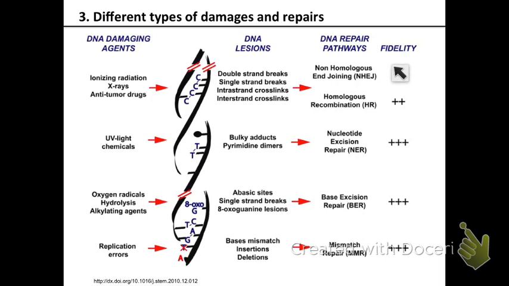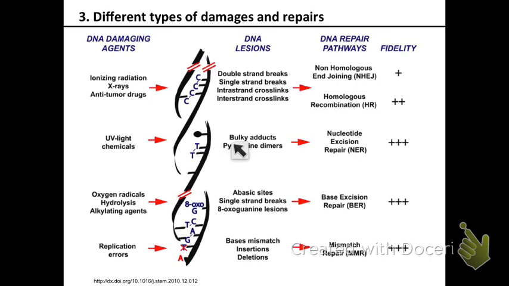Non-homologous end joining doesn't do very well. Homologous recombination is pretty good, and some of the other repair pathways are much better. All right, so UV light and some chemicals can cause pyrimidine dimers, such as thymidine dimers.